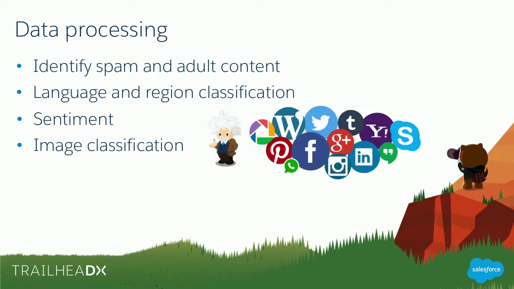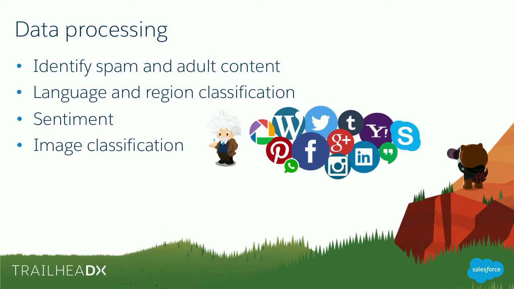Which takes us into data processing. We have a bunch of small Einstein features that help us out with this. So we classify posts as spam or adult content when it's relevant. Most customers don't want to see that data, so we flag it and filter it out for them. We do language and region classification.